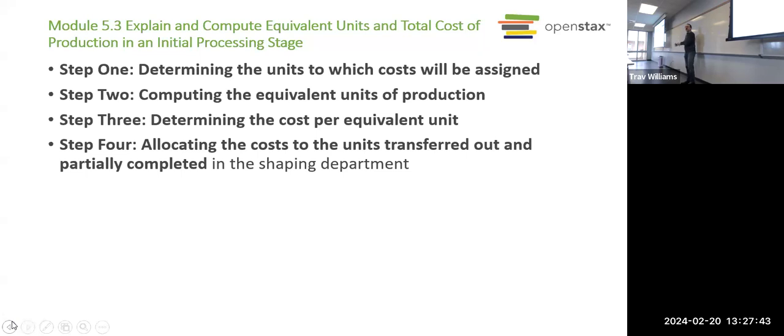So we know we're making 1,000 pairs of drumsticks, but then at the end of the period, how converted are the ones that are still in process, right? We have to figure out, as I mentioned, what are the equivalent units of conversion. Once we've done that, then we can figure out the cost per equivalent unit. I'm going to show you how to do this. And then we can figure out the cost of what we've completed and the cost of what is still in process.